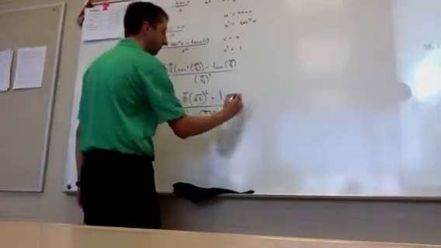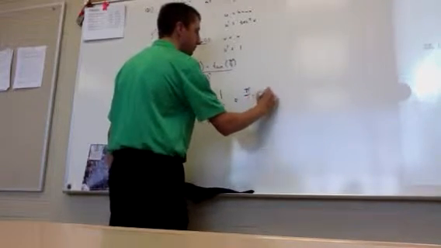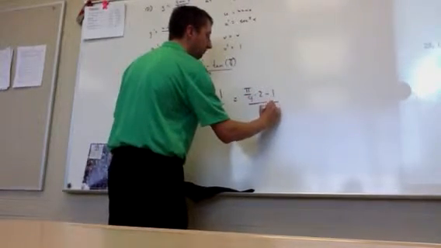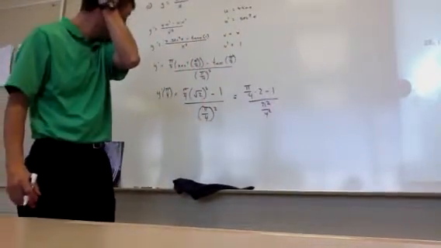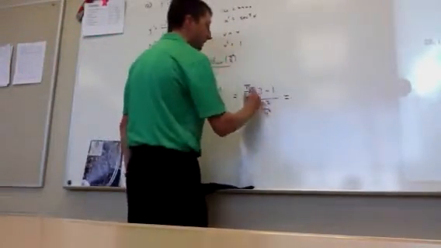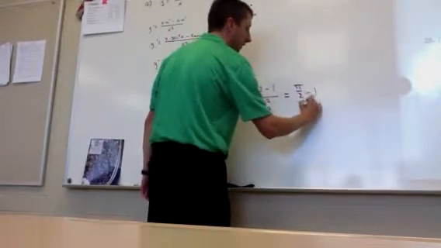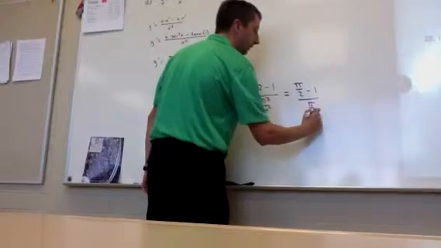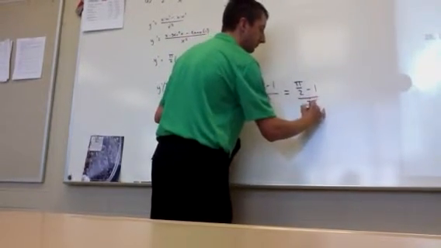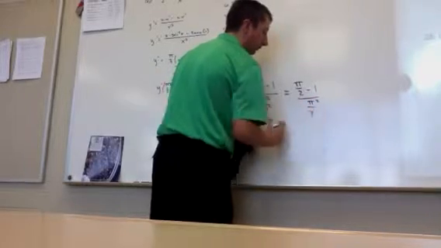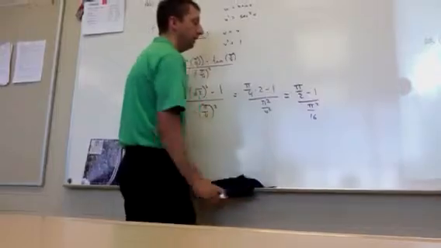So if I do a little bit more work here, I'm going to get pi over 4 times 2 minus 1 all over pi squared over 4 squared. So then I'm going to get pi over 2 minus 1 over pi squared over, let's just write 16. Okay.